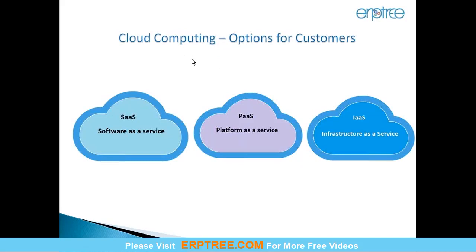You can call these different adoptions, options or deployments: SaaS, PaaS and IaaS. When I talk about SaaS, software as a service, say for example you want to use Fusion applications and you go with the SaaS option. In this case, you have to take the subscription from Oracle.